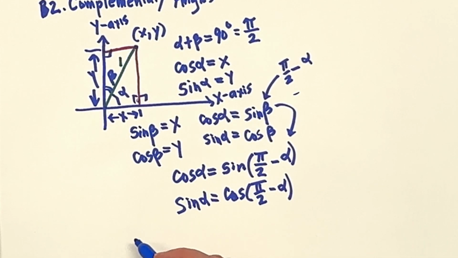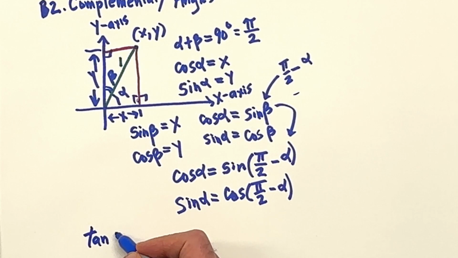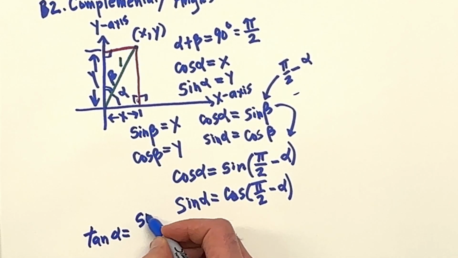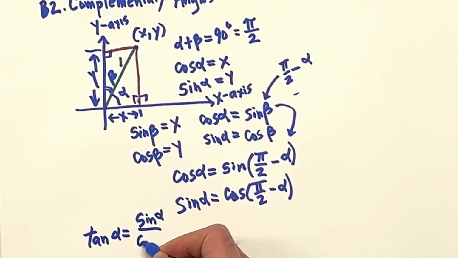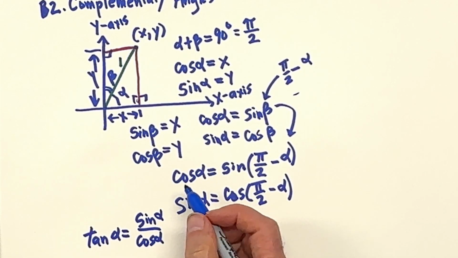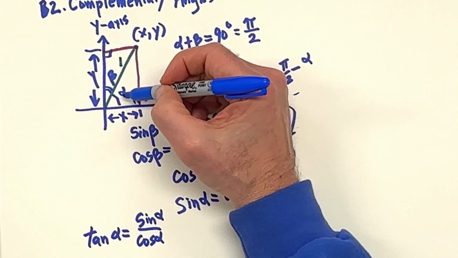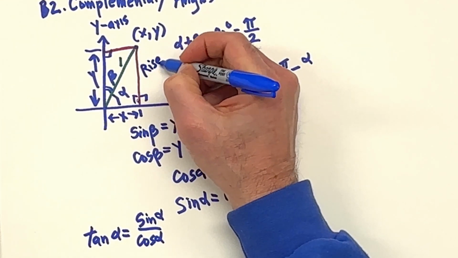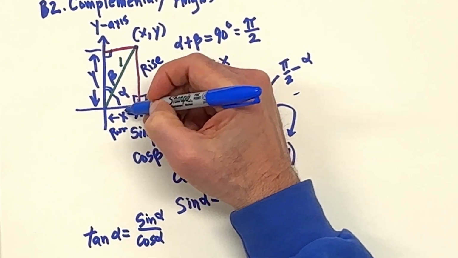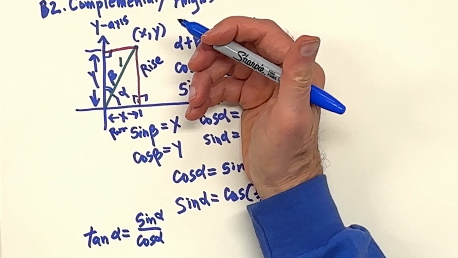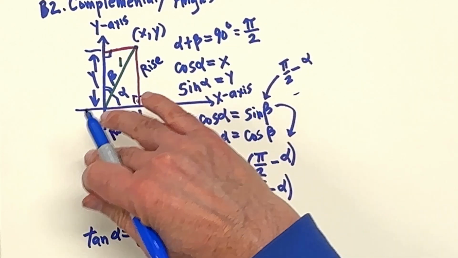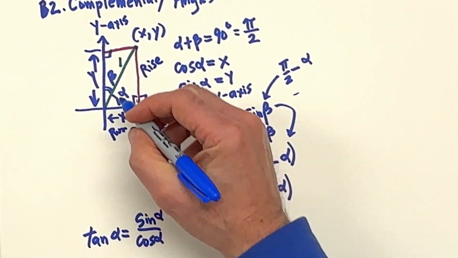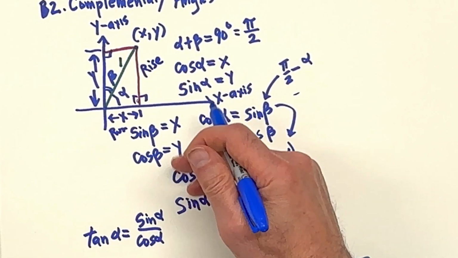We'd like to add one more review, and that is the tangent. The tangent of an angle alpha would be equal to the sine of alpha divided by the cosine of alpha. So the tangent of alpha is the rise over the run, the concept of the slope. If we had a line going through the origin, that is the slope.